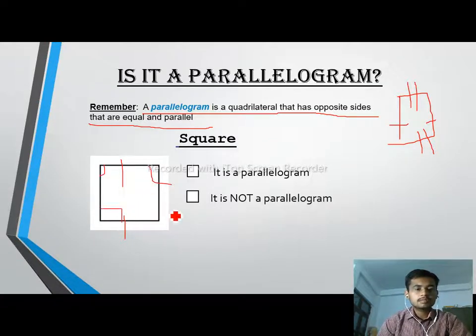So what is the property of a parallelogram? The parallelogram property states that its opposite sides should be equal and parallel. Yes, a square is a parallelogram because a square has all four sides equal, one property satisfied, and its opposite sides are also parallel. So yes, a square is a parallelogram.